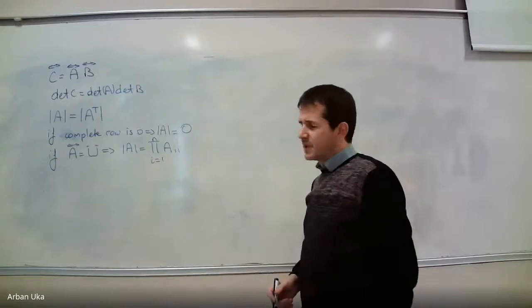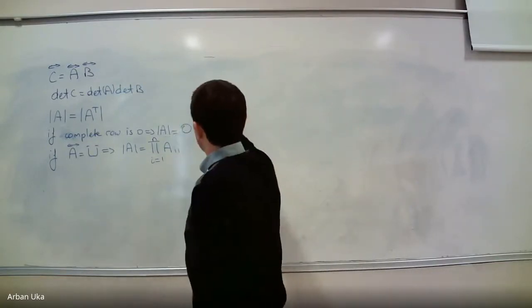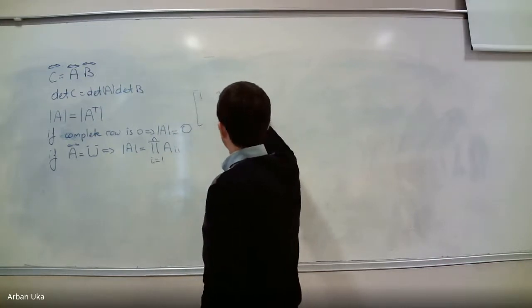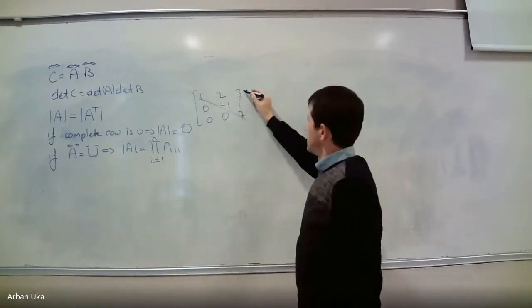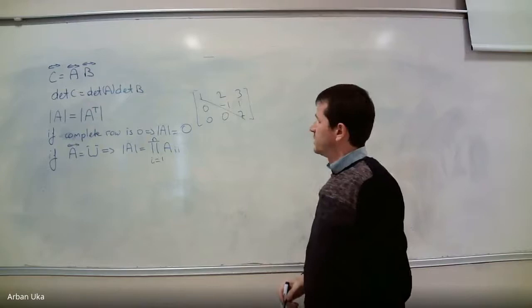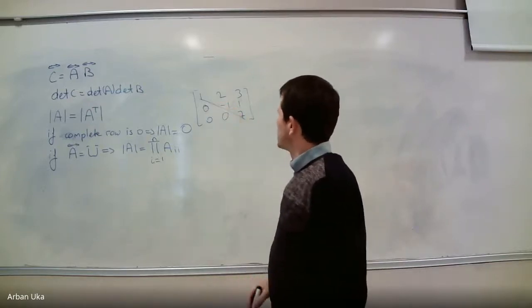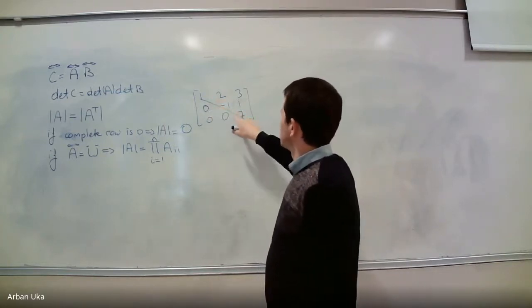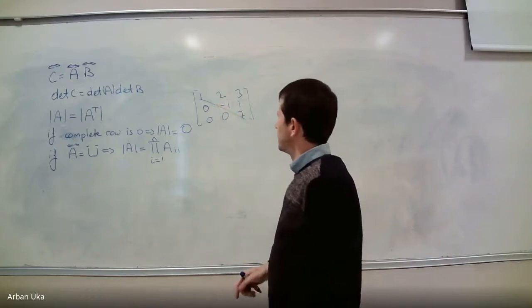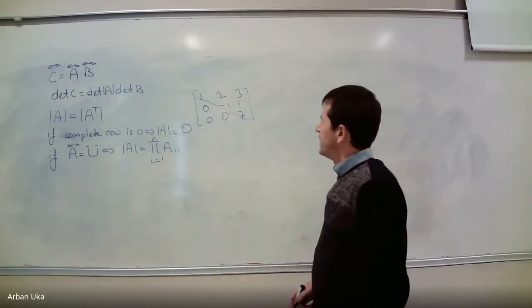What we mean by an upper triangular matrix is a matrix which looks like this: 1, 2, 3, 0, minus 1, 7, 0, 0, 0. So this is a 3 by 3 matrix, and all the numbers below the diagonal are 0. Now the determinant of this matrix is equal to the product of diagonal terms, which is 1 times minus 1 times 7. So in this case, the determinant is equal to minus 7.